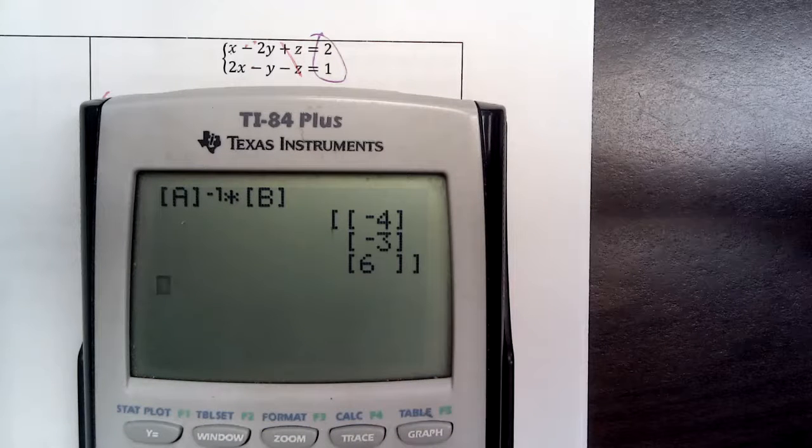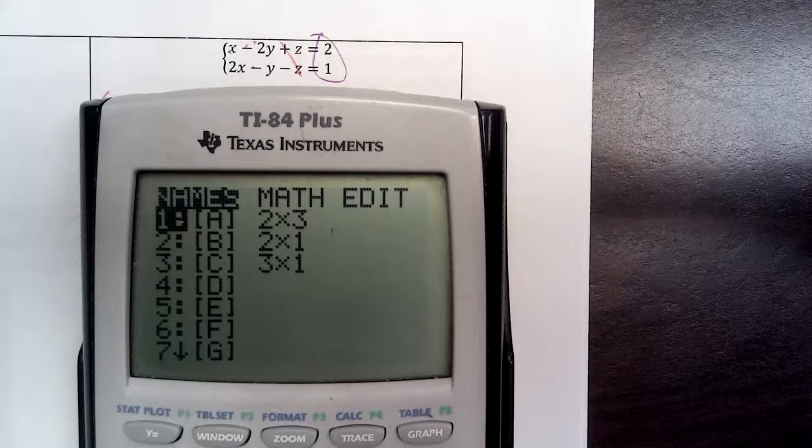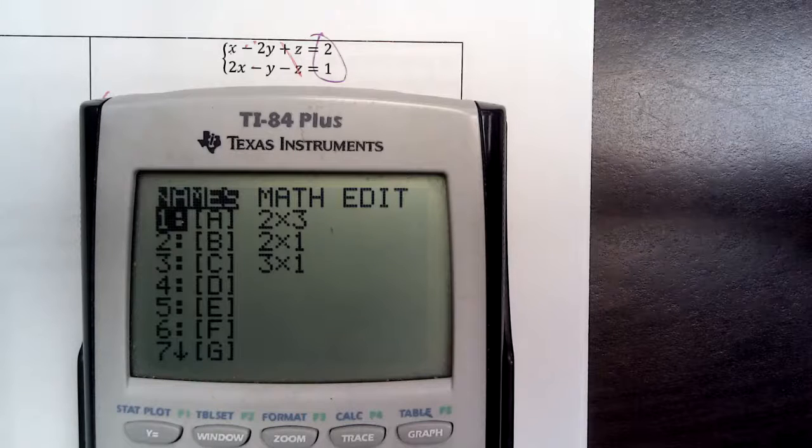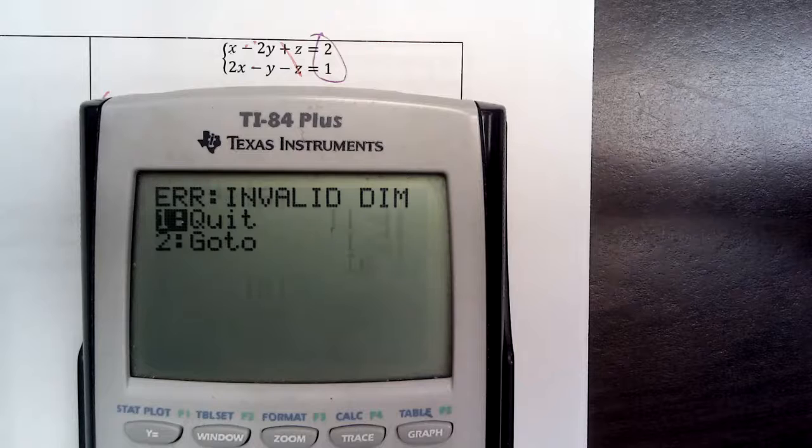Second matrix, I'm going to choose my A to the -1 times, and I'm going to choose my B matrix. Watch what happens. Oh, it gives me an error.